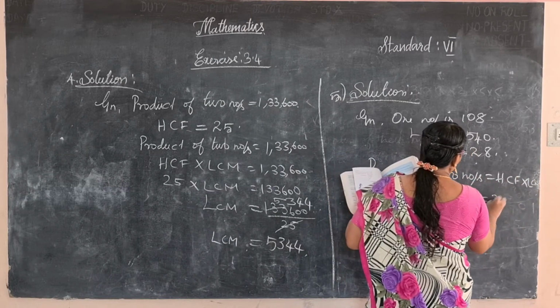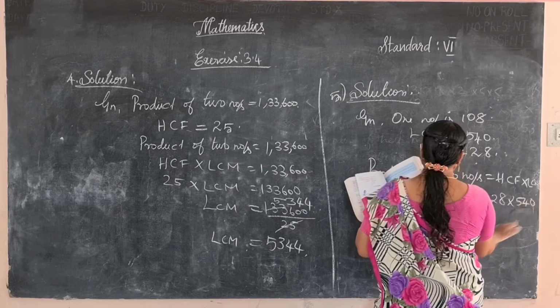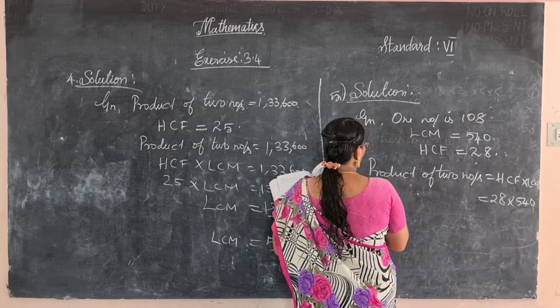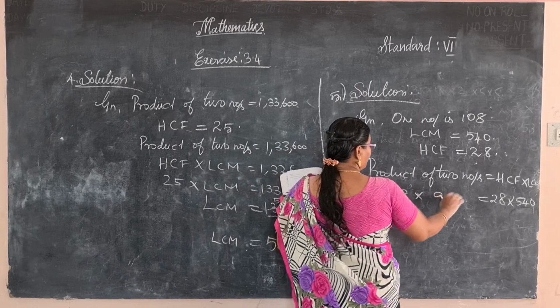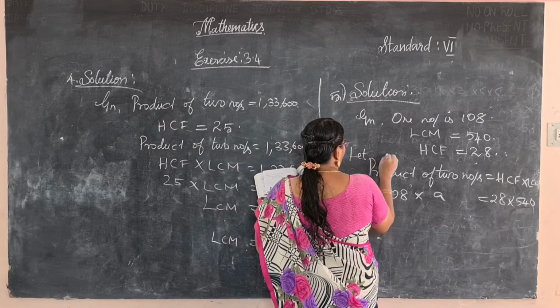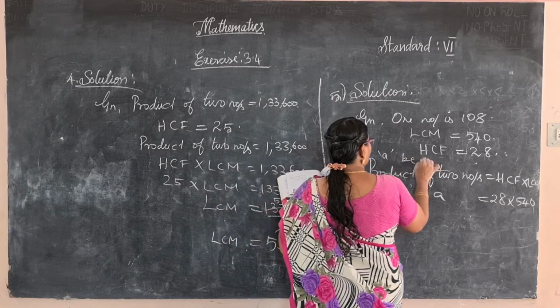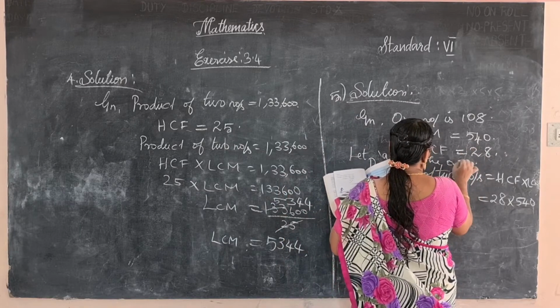Okay, HCF value is 28, LCM is 540. So product of the numbers, one number is 108, another number we don't know. Okay, so let A be the other number.